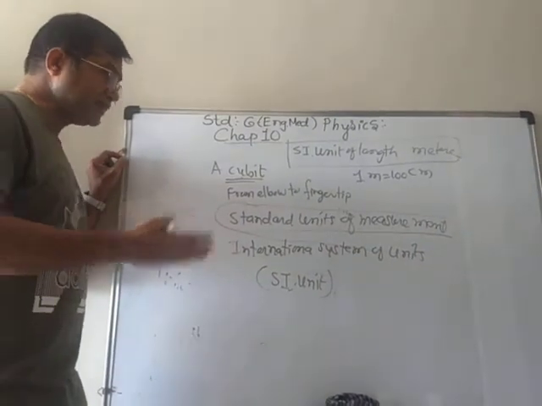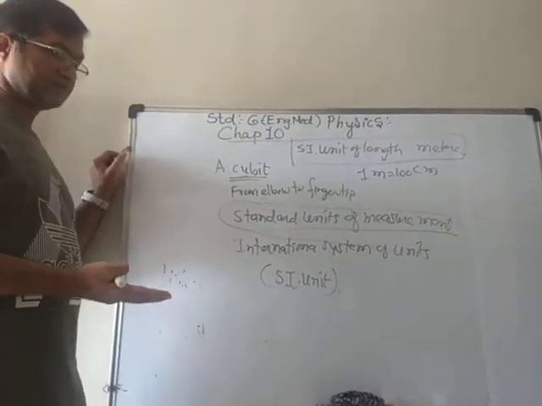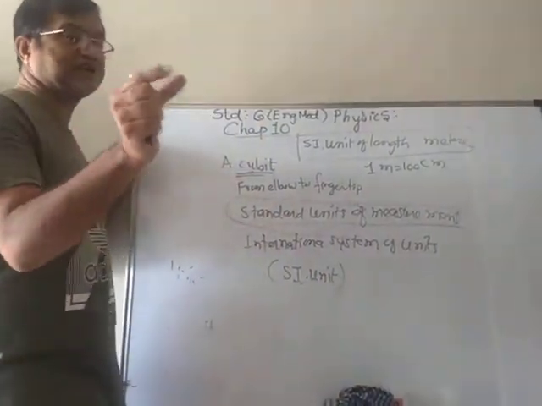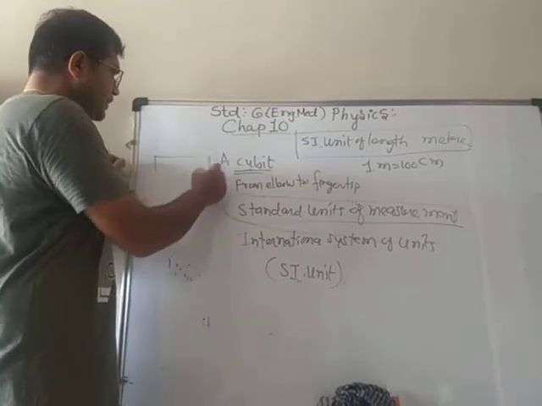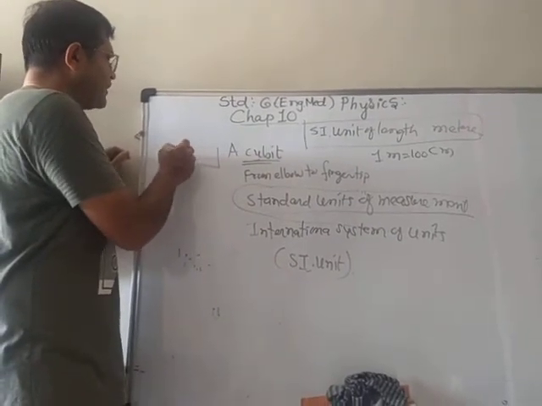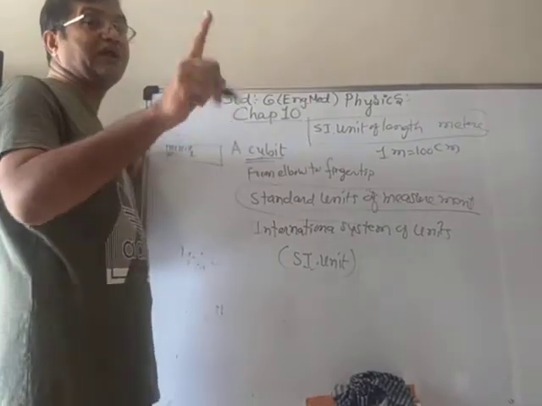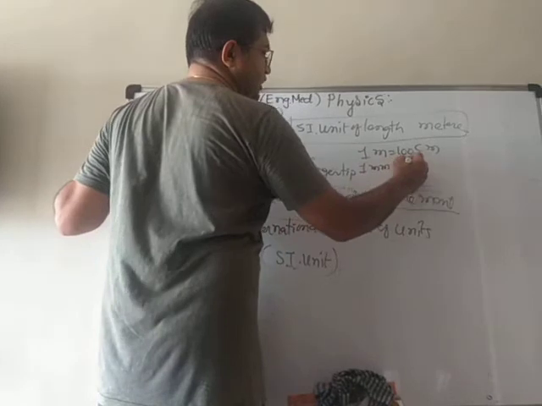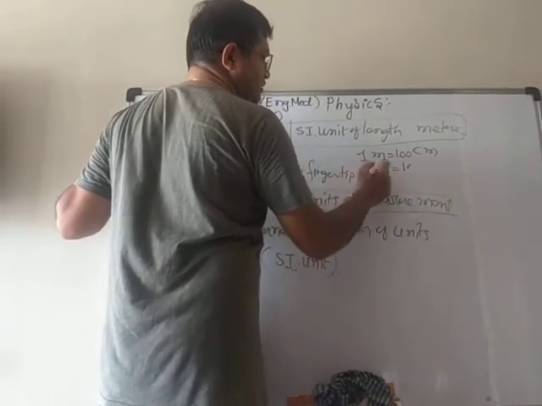Similarly, the centimeter is divided into 10 equal parts. When you see a scale, between 0 and 1 there are 10 equal parts, and each part is known as a millimeter.